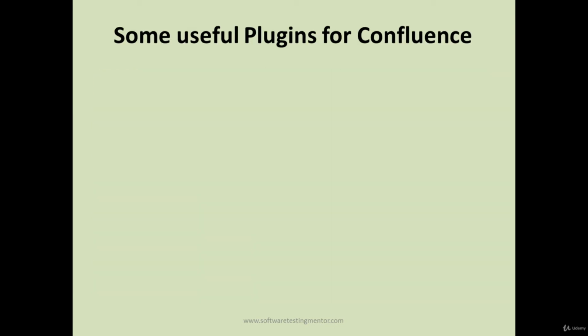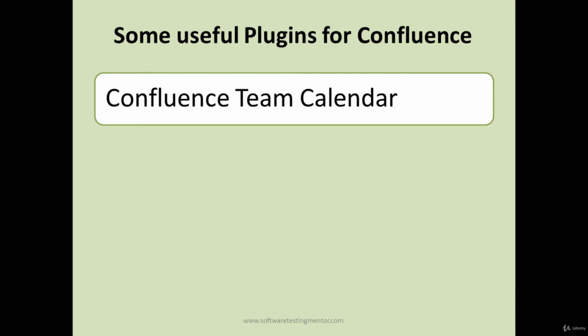Some of the useful plugins for Confluence which are very commonly used across different organizations, we'll cover in this slide. For example, Confluence Team Calendar is an add-on from Atlassian itself, which allows you or your manager to manage the team leaves.